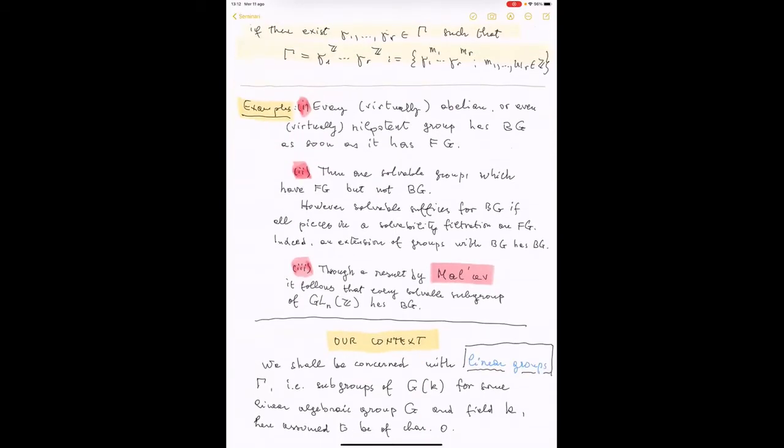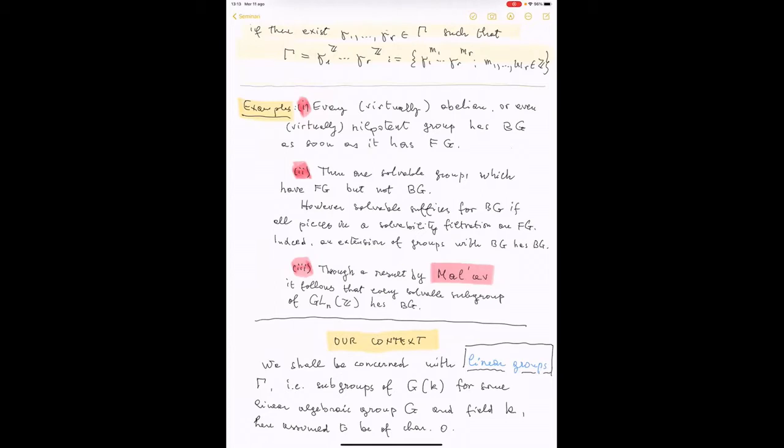Every virtually abelian group, by virtually I mean a group which has a subgroup of finite index with that property, if it is finitely generated, is also boundedly generated. And this is trivial to check.